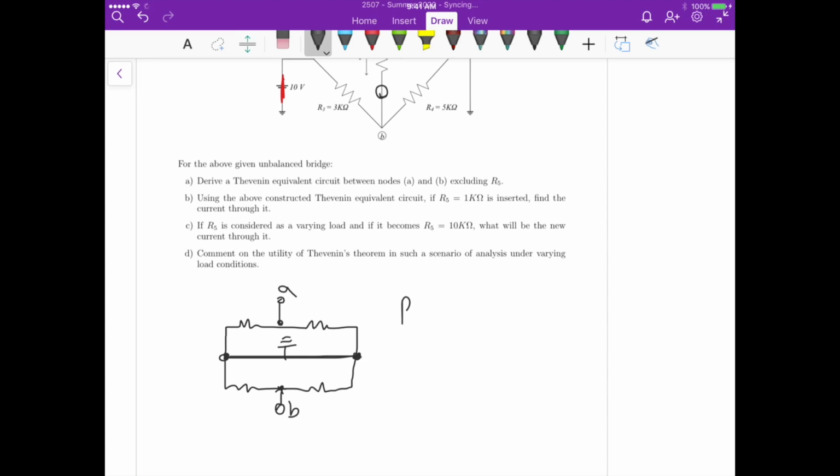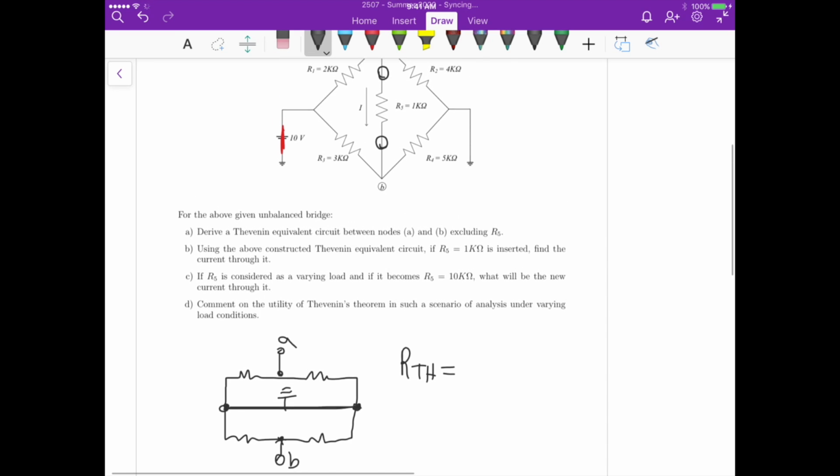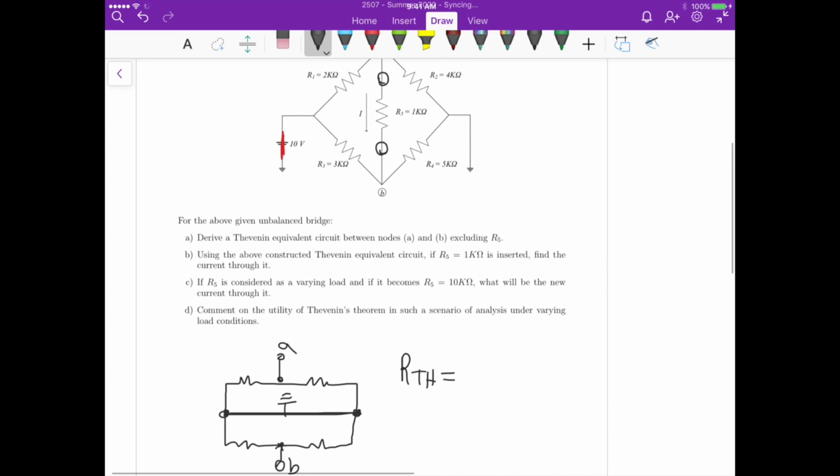So if you want to calculate the Thevenin resistance of this circuit, it is just the sum of the parallel combinations. Let's see what the values of the resistors are. Here is 2K, here is 4K, here is 3K, and here is 5K, right? So the Thevenin resistance is 2 in parallel with 4 plus 3 in parallel with 5.